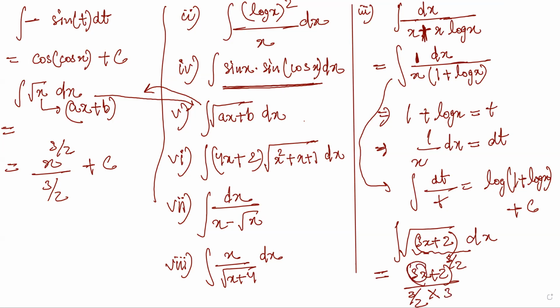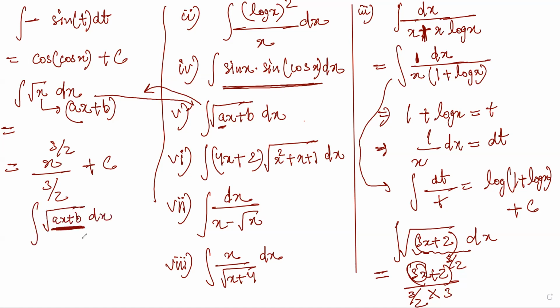So while transforming x into some linear function, you have to remember that the approach is same, but the final answer has to be divided by the coefficient of x. So if I integrate root over ax plus b into dx, first I'll check whether the function is linear or not.